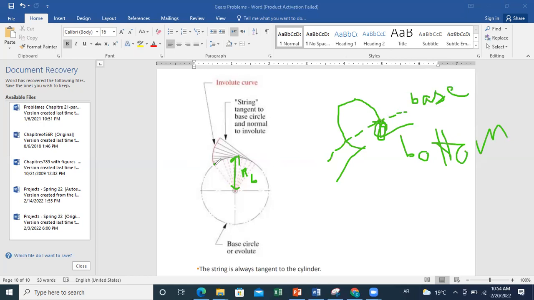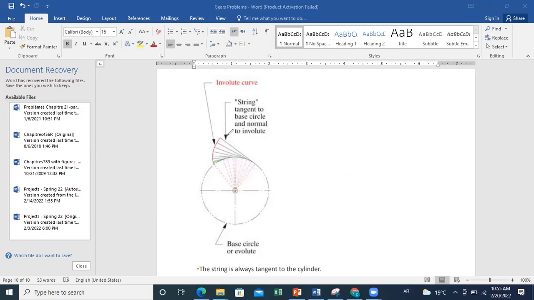And we can see here how we can design it. The idea is that always the normal to the involute should be tangent to the base circle. If you consider a string tangent to the base circle and normal to the involute, and consider a certain number of points, from these points you can draw the different tangent lines.